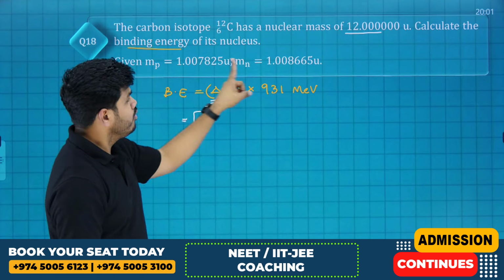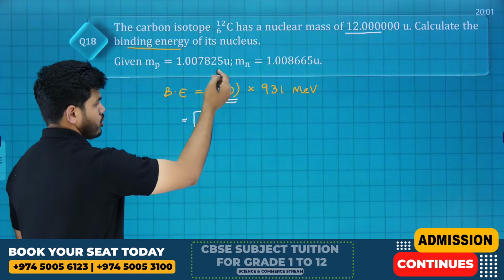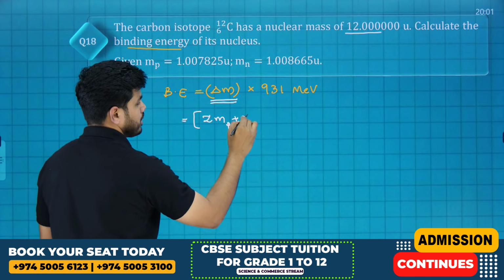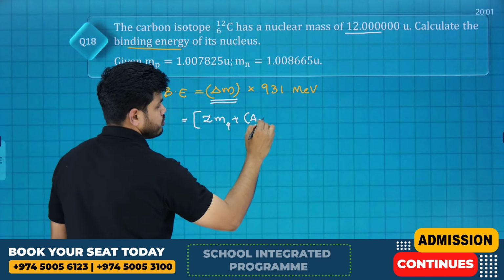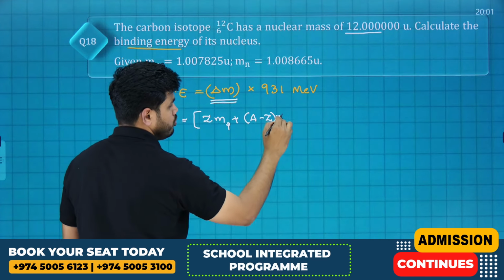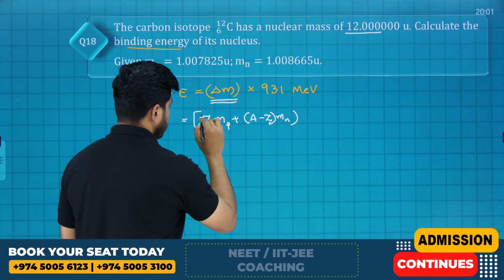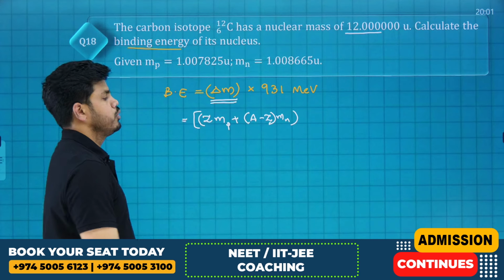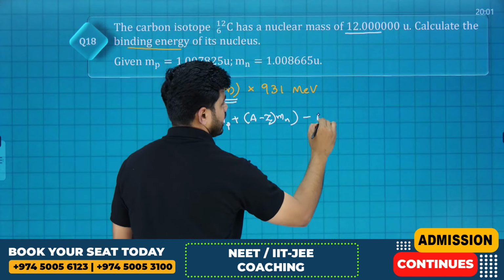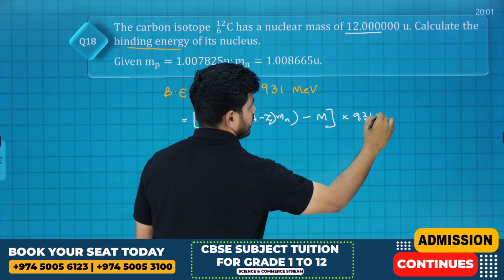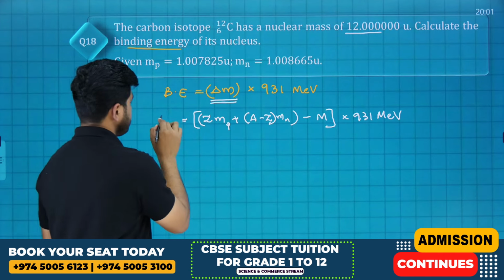Then, how will you find the mass of the constituent particles? We know it is the number of protons into the mass of proton plus the number of neutrons, which is A minus Z, into the mass of neutron. That is the total mass of the constituent particles minus the actual mass of the nucleus, into 931 MeV. This is your binding energy.